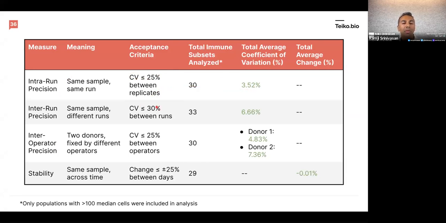For inter-run, we set out less than 30%, 6.66%. Inter-operator, it was less than 25% and was 4.83 and 7.36%. And stability less than 25%, or excuse me, plus or minus 25% between days, and it was 0.01%. We come up with these CV ranges after looking at the flow cytometry literature extensively, which was in this 25 to 30% range. So that's how we came up with these acceptance criteria to begin with.